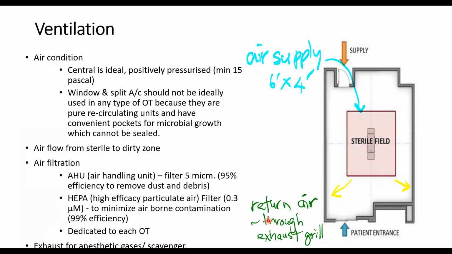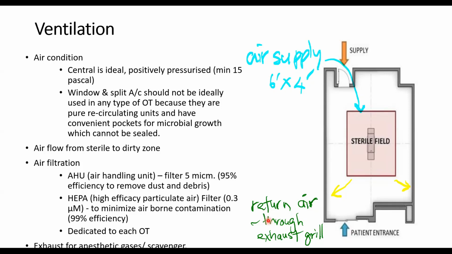They are not ideal because they are purely recirculating units and have convenient pockets in which microbial growth can occur in the system. And the flow is from the sterile area, which is the patient in the operative field, to the other area, which is considered less sterile.